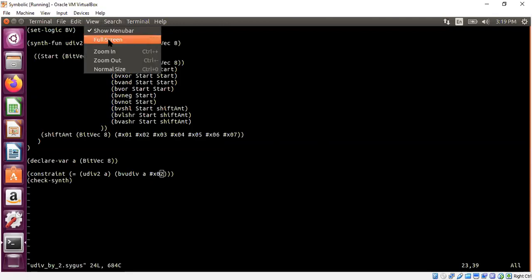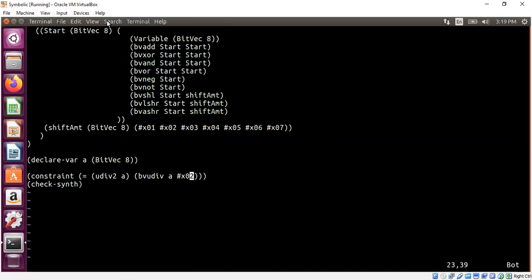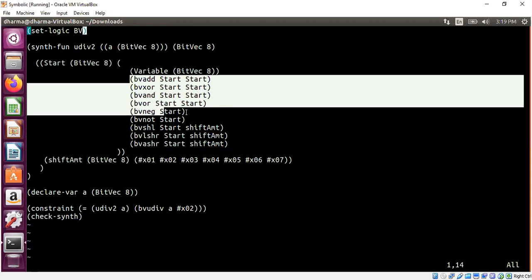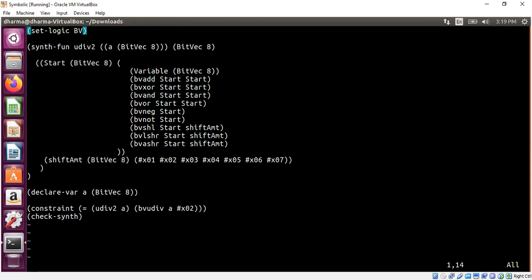I would like to only see the operations that are listed as part of the grammar. The grammar says you're allowed to use add, XOR, and, or, negation, the minus, and also the bitwise not, shift left, logical shift right, and arithmetic shift right. These are the operations that we allow.